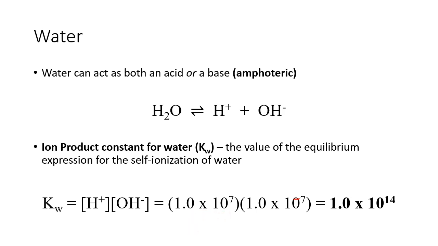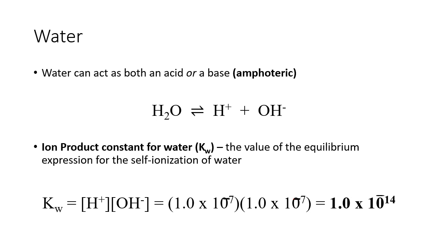So I actually made a mistake here that I'm going to correct. This should say -7, -7. And then when we combine these to get our ion product constant for water, we get 1.0 times 10 to the minus 14. The ion product constant for water, abbreviated Kw, is the value of the equilibrium expression for the self-ionization of water.